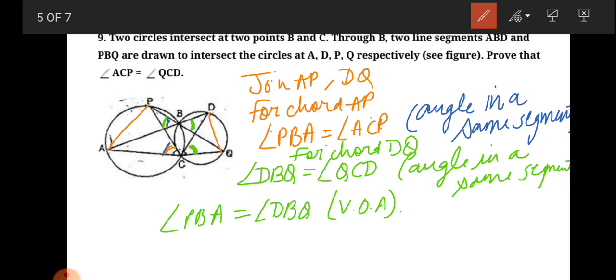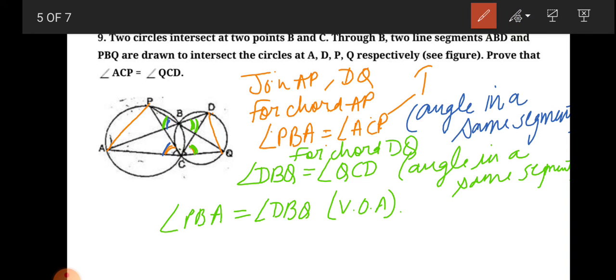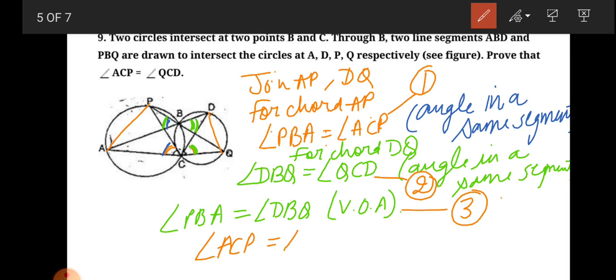So from equation 1, equation 2 and equation 3, we can conclude that angle ACP is equal to angle QCD.